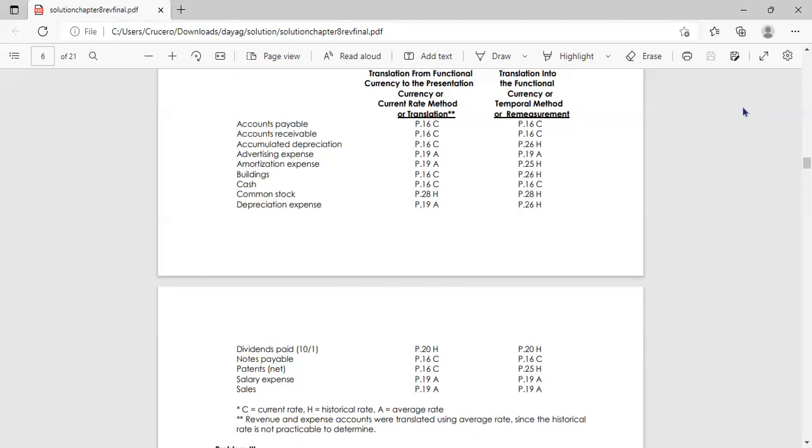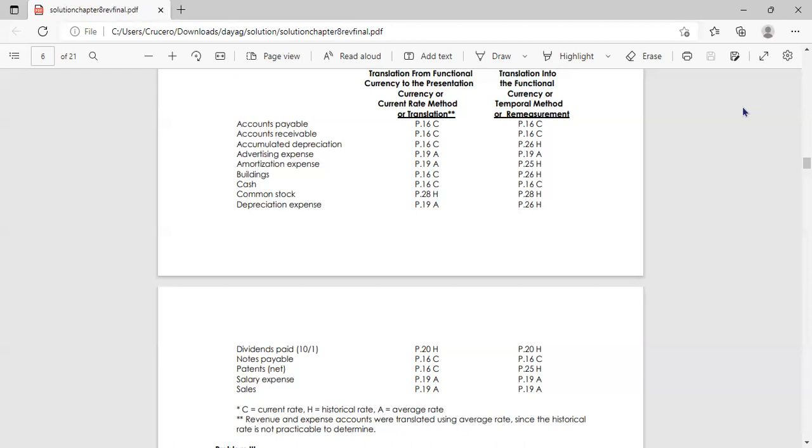So the historical rate for depreciation, we go back to the date when the building was acquired. And the rate at that time, 20x2, was 0.26. So for depreciation expense, method number 2, we have 0.26, historical.